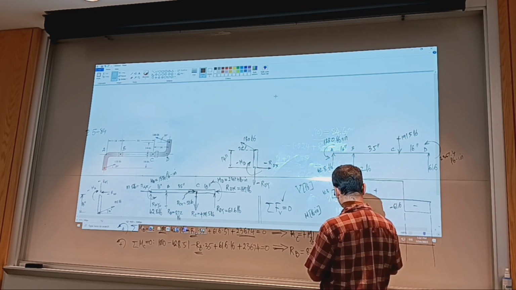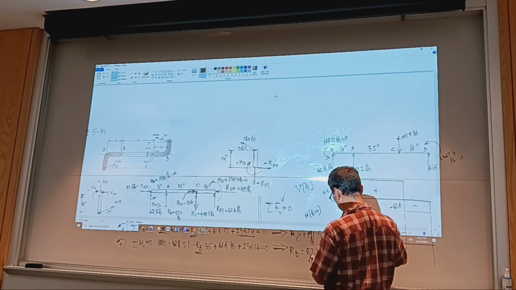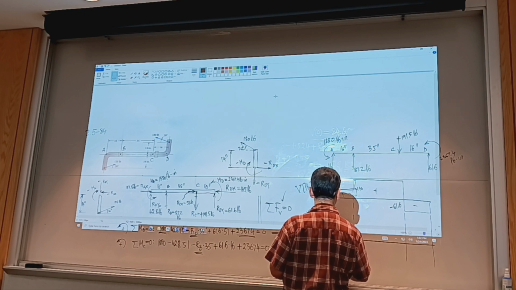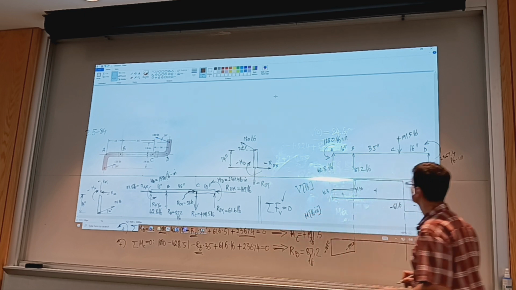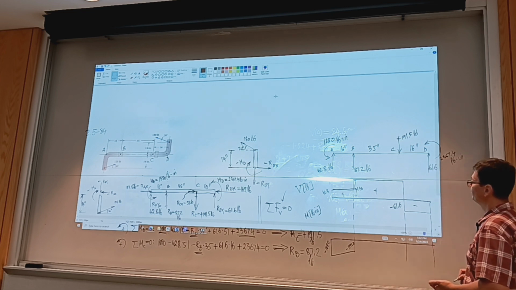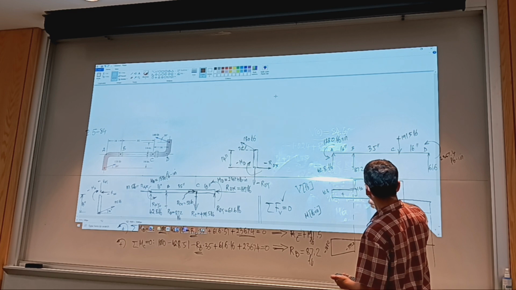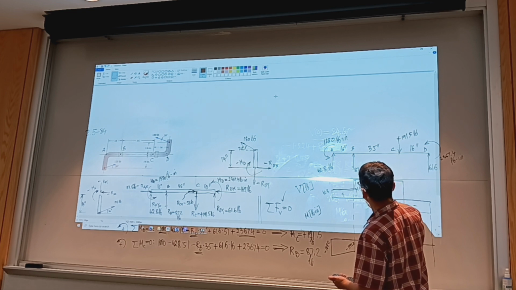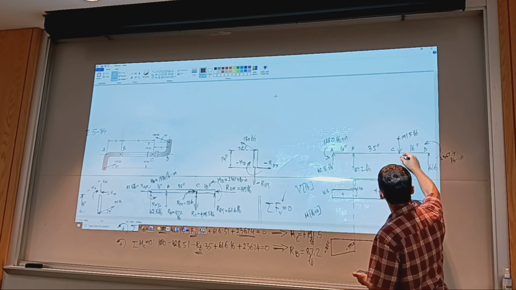It went to negative 1,195.2 with a positive slope of 42.8. And then the slope increases to 136 pounds, and it stays linear until we reach point C.